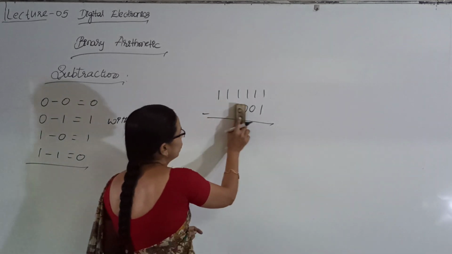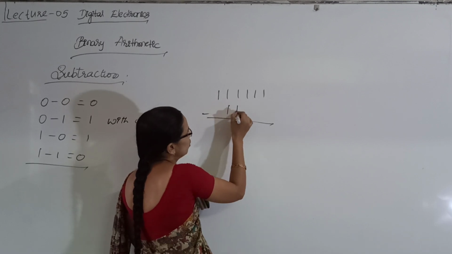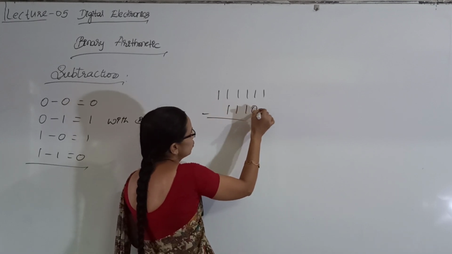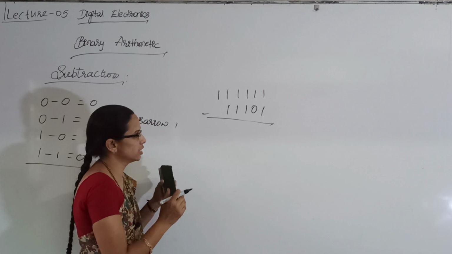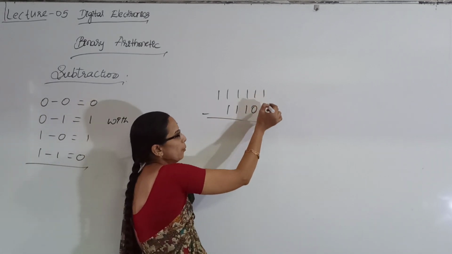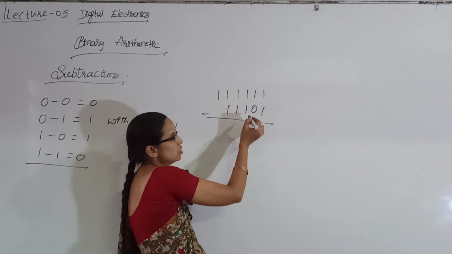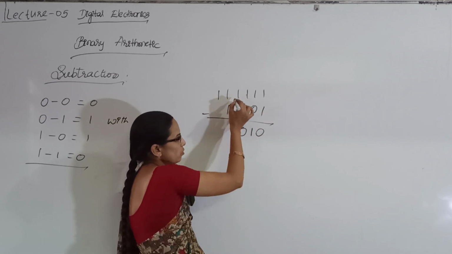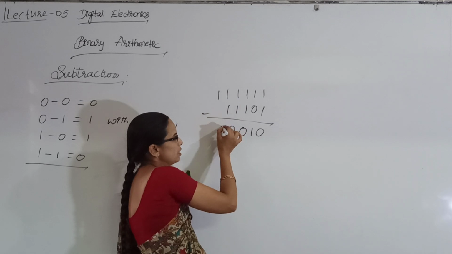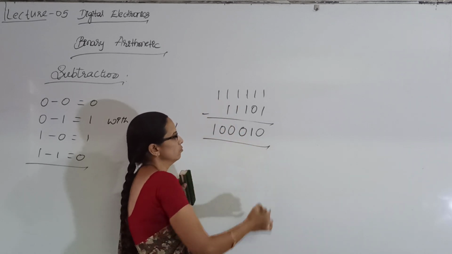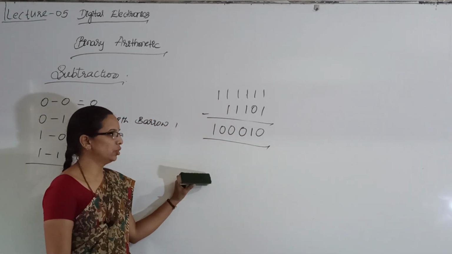Next one is not 1001. I will take the example of 11101. It's a textbook exercise problem. 1 minus 1 is 0, 1 minus 0 is 1, 1 minus 1 is 0, 1 minus 1 is 0, 1 minus 1 is 0, and again 1. This is a very easy one you have got.